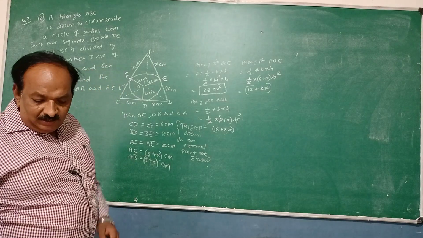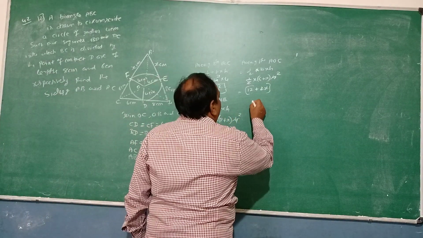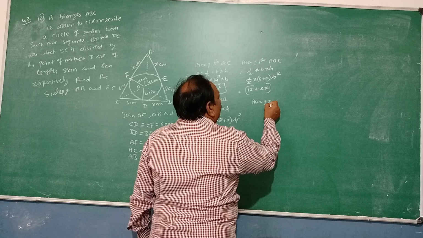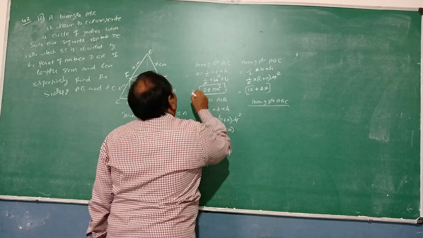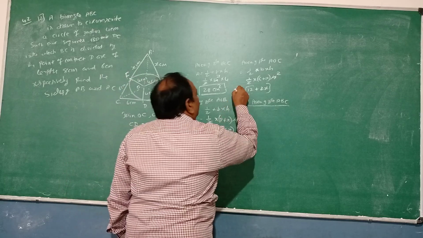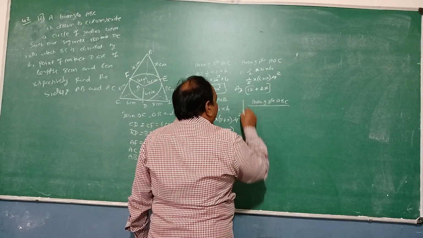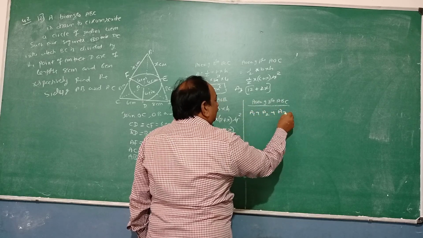Now we consider the area of triangle ABC. Call this area A1, this area A2, and this area A3. Area of triangle ABC is equal to A1 plus A2 plus A3.